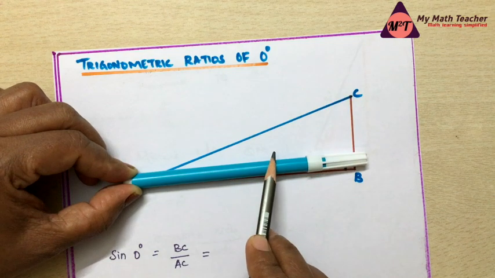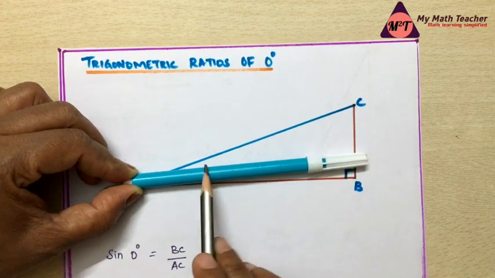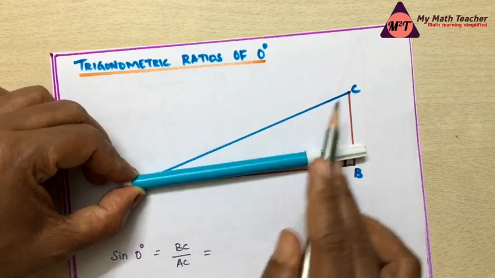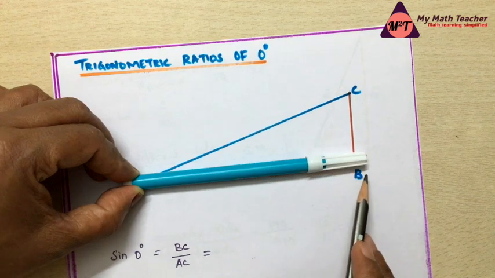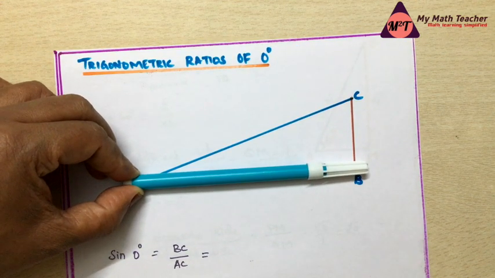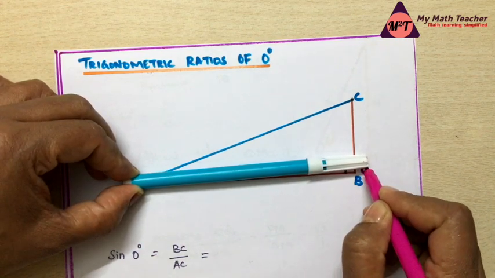So what happens here is, when you are bringing this hypotenuse and it merges with the side AB, C will be very next to B. So we can write the position of C is here.